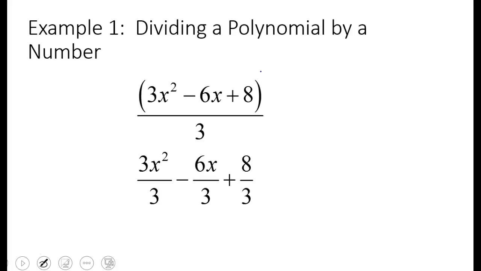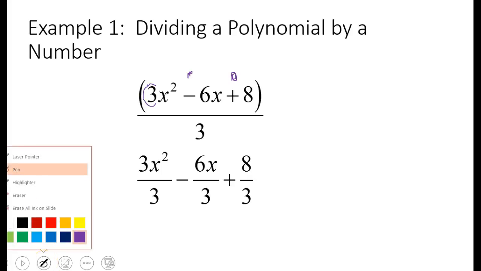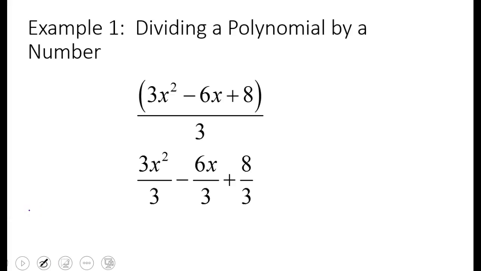And then if this were multiplication instead of addition and subtraction, we would only need to divide the 3 into one of the factors. But this is not multiplication. This is division. This is addition and subtraction. We have 3 terms. Terms are separated by addition and subtraction. What that means is you really have to do 3 separate division problems.